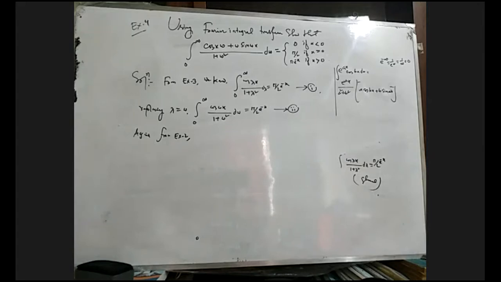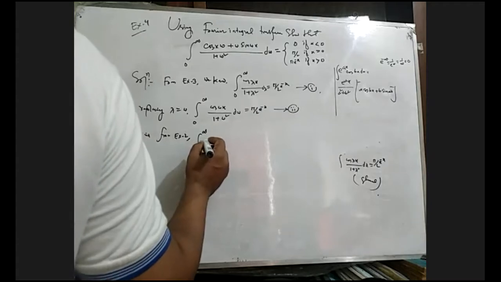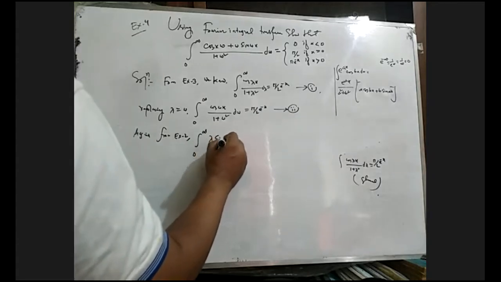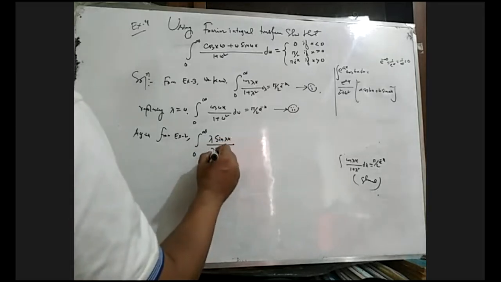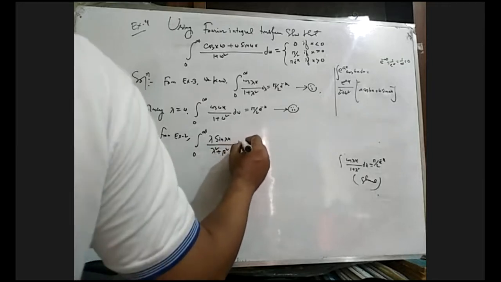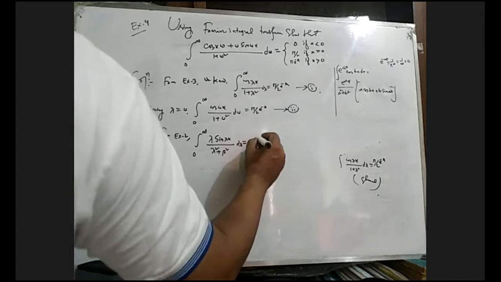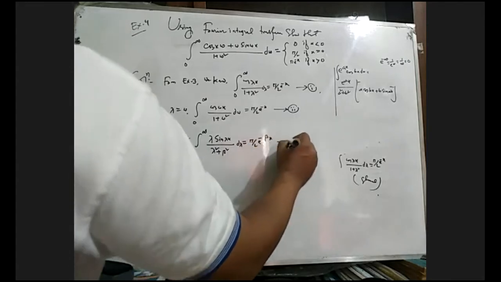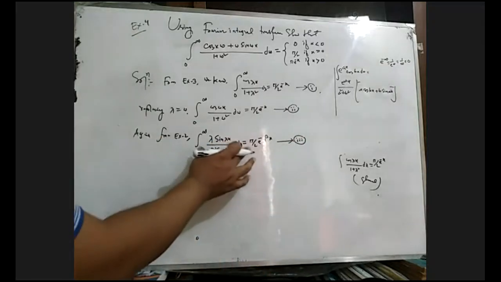Example 2 was the integral from 0 to infinity of lambda sin lambda x divided by alpha square lambda square plus beta square d lambda, which equals pi by 2 e to the power minus beta x. We have proved this result from example 2.